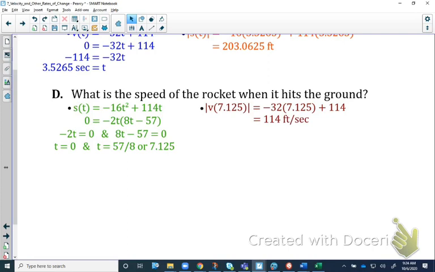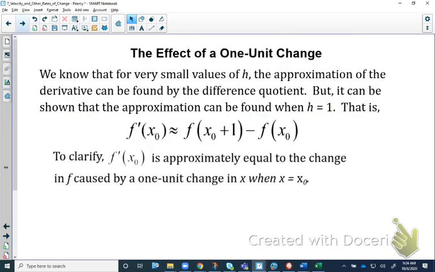Here we're going to have a speed of 114 feet per second when the rocket hits the ground. And again, you don't really have to have a strong grasp of the calculus stuff, because all of those kinds of questions you've seen in lots of different classes before calculus.